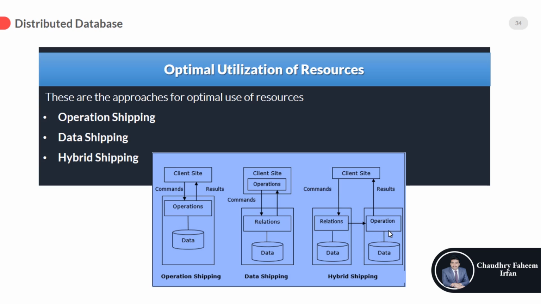Then this side performs operations, gets data from the database, and sends it to the client side. So you can manage your resources in a good way. You can use hybrid shipping over data shipping according to your model.